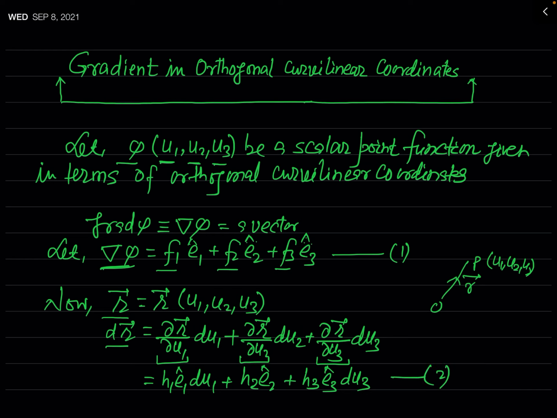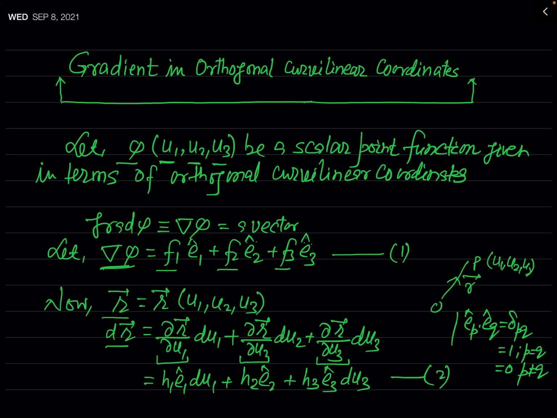As you know, our coordinate system is orthogonal, and in an orthogonal coordinate system, e_p hat dot e_q hat is equal to the Kronecker delta pq, which is equal to 1 if p is equal to q, and 0 if p is not equal to q.